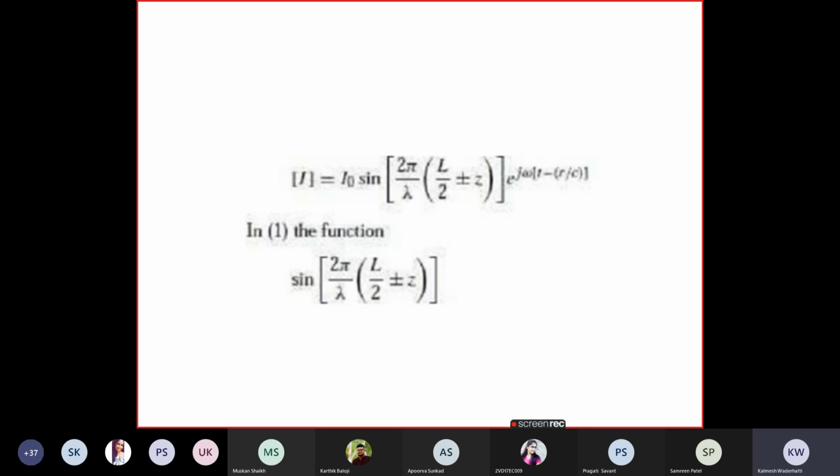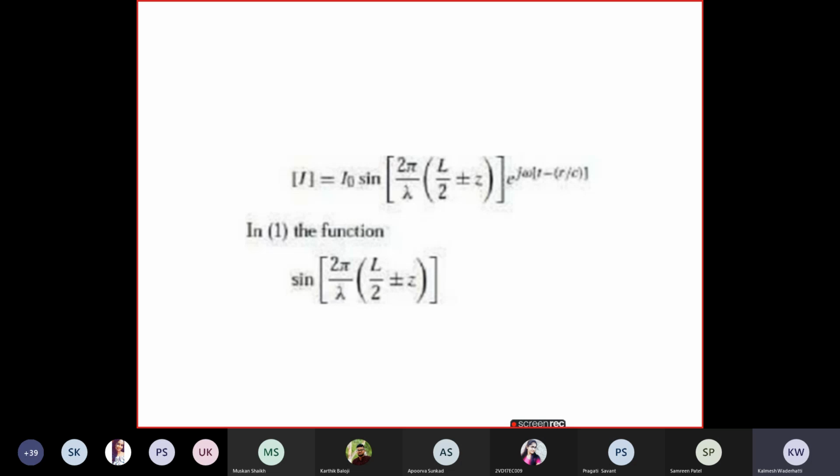This is the equation for the current of the various lengths. Just substitute the length L: L is lambda by 2, L is lambda, L is lambda by 4, L is 3 lambda by 2, L is 5 by 4 lambda. Like this, you can take various lengths.